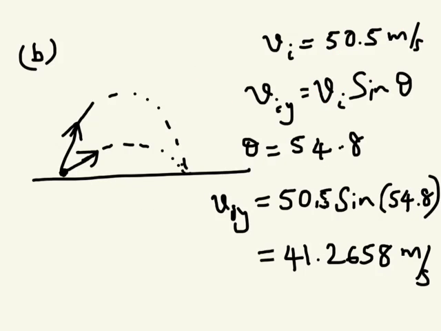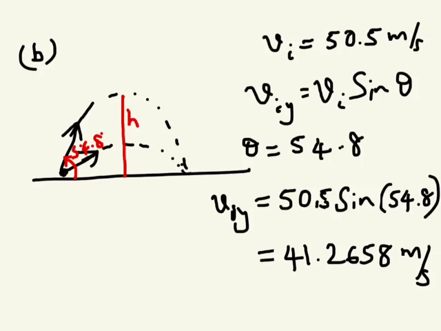Second part, they ask us what's the maximum height given these two angles. It's clear that whichever has the larger angle, so this was the one that had the 54.8 degrees, is going to go much higher than the one that had the 35.2 degrees.